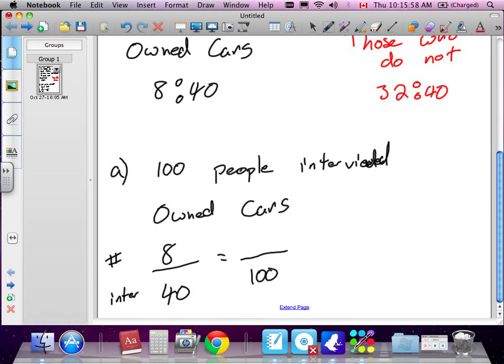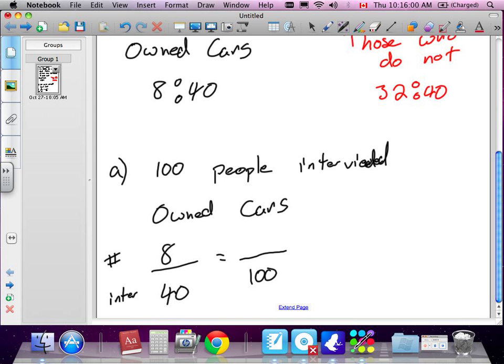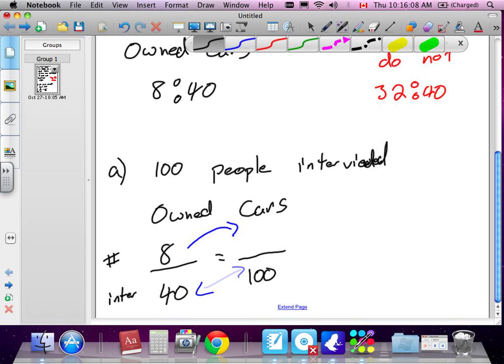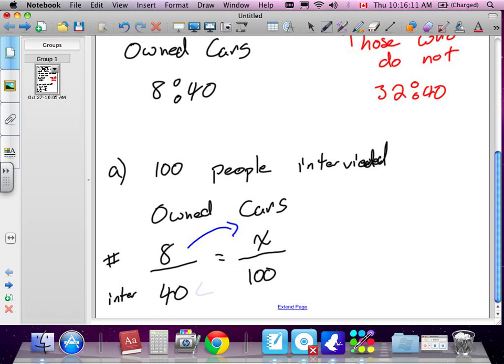So I keep the amounts of people interviewed on the bottoms of the fractions, and I'm trying to figure out how many of them would own cars. So I now have 2 equivalent fractions. X is going to represent the amount of people who would own cars if 100 people were interviewed, okay?